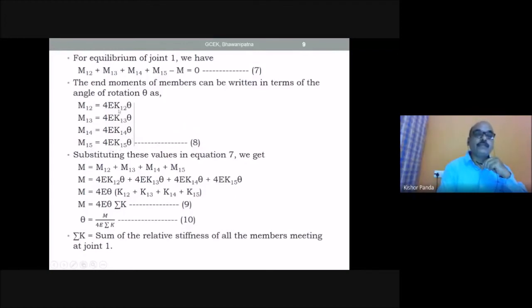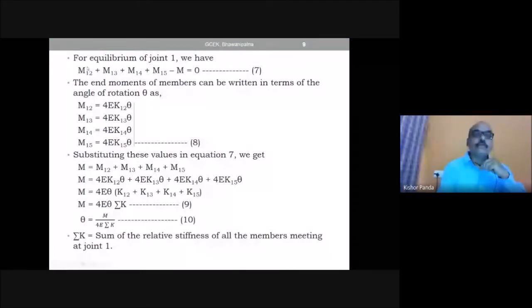This is the relative stiffness of the member, which you can find from the moment of inertia and the length of the member, as already discussed. After substituting these values of M12, M13, M14 and M15 in equation 7, the equation becomes M is equal to M12 plus M13 plus M14 plus M15.